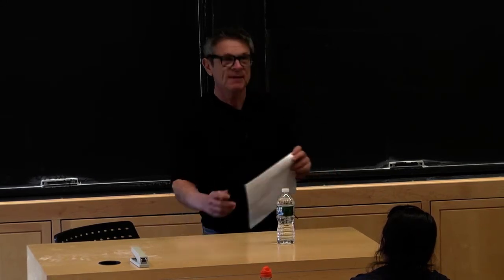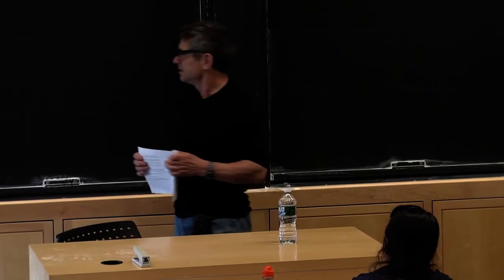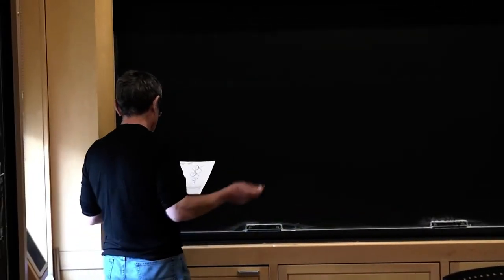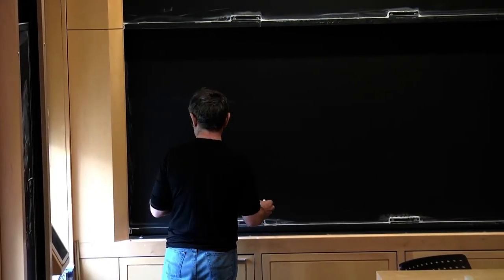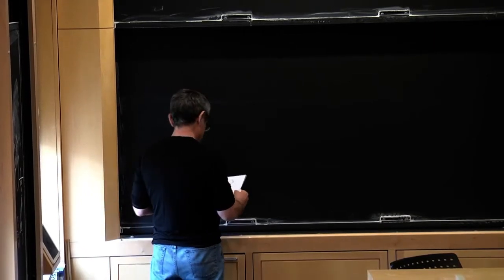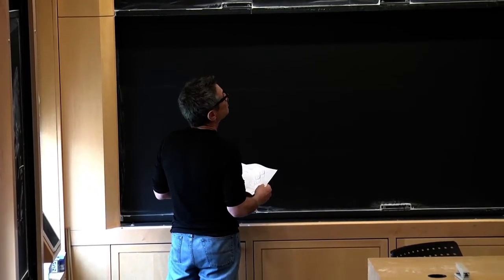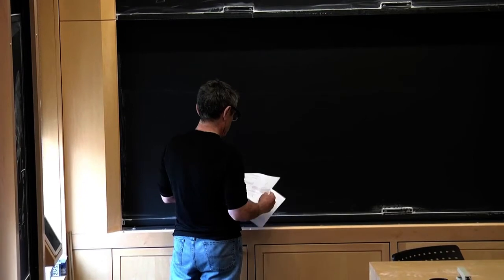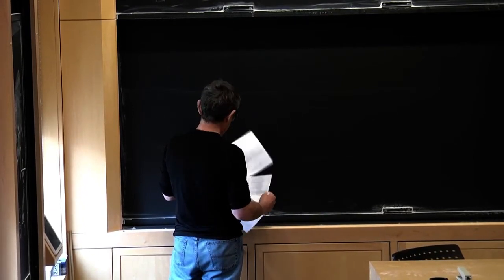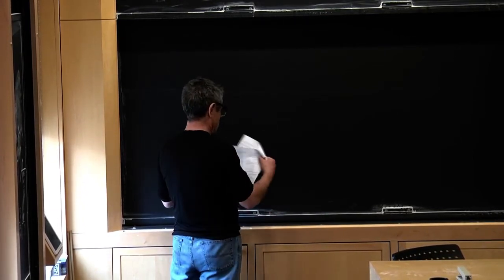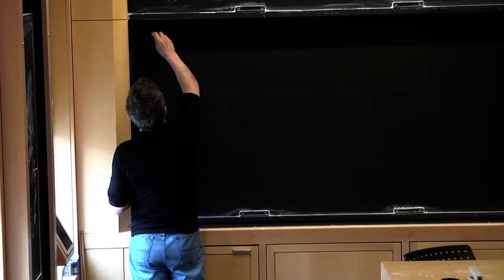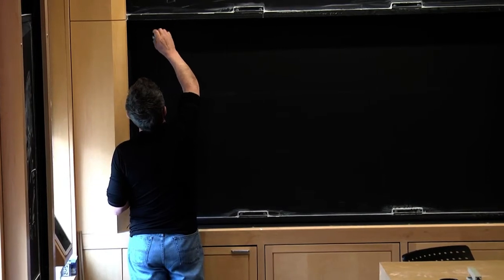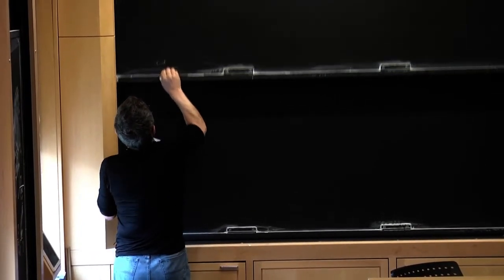Okay, so from the time before last, when we were talking about Kerr, I'll write the Kerr metric now and save it, which I guess means I want to use this board.